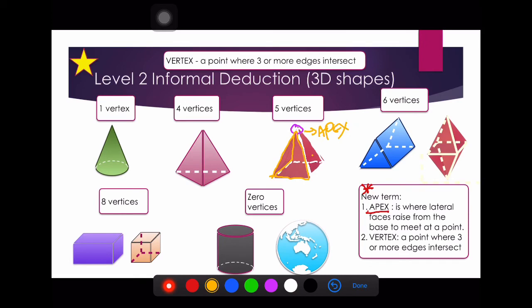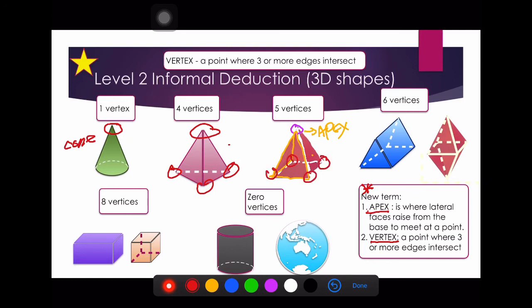A vertex is a point where three or more edges intersect. So an apex is also called a vertex. There are so many terms that can be used in geometry. For a cone, it has a vertex here. This is 4 vertices. For a square base pyramid, it has 5 vertices.